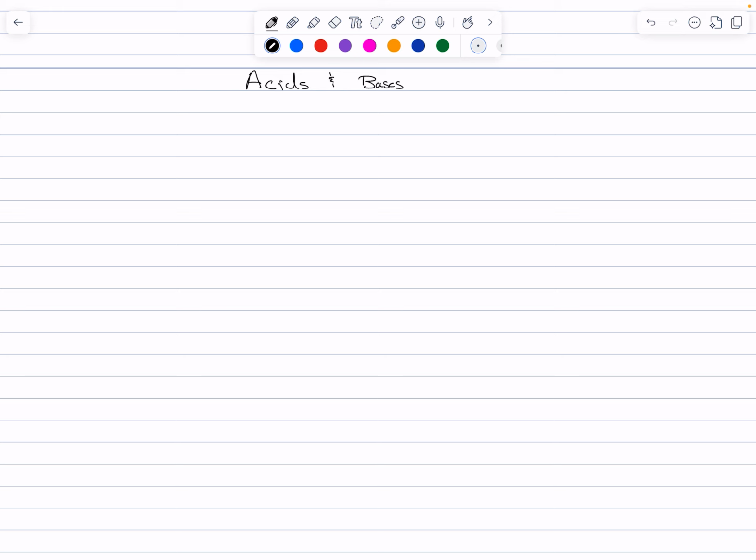All right, so we're going to start with strong acids and bases, where K is large, big K's. So we're going to think complete dissociation.